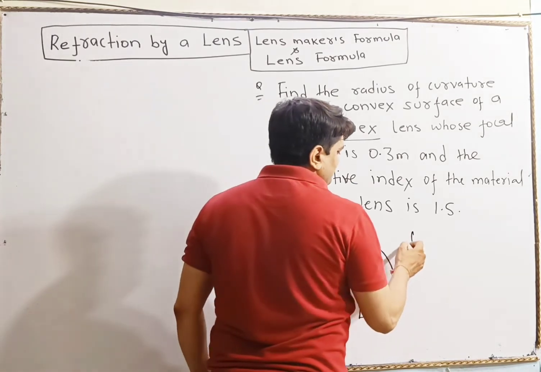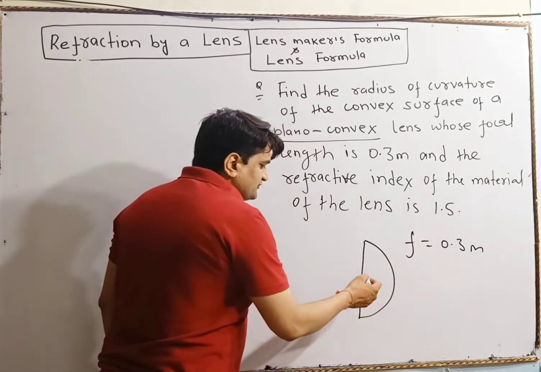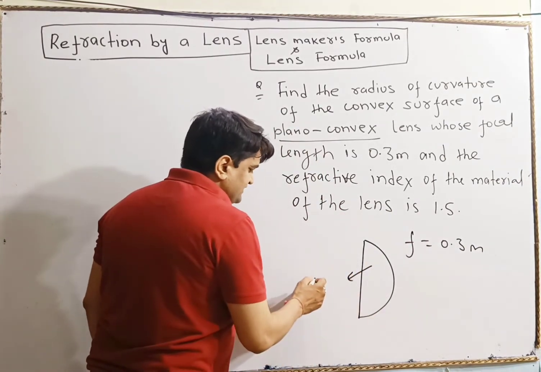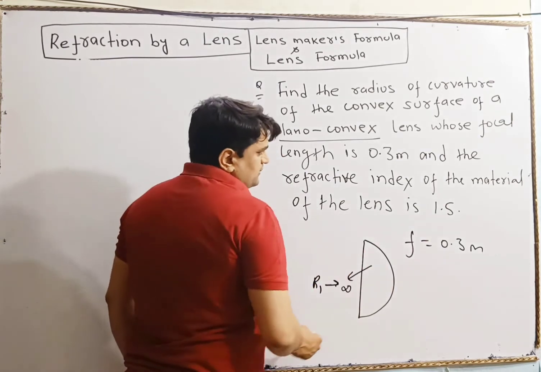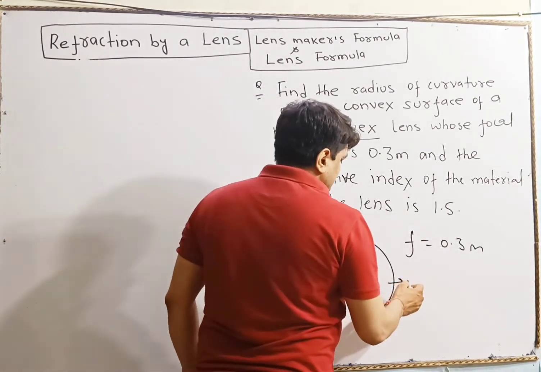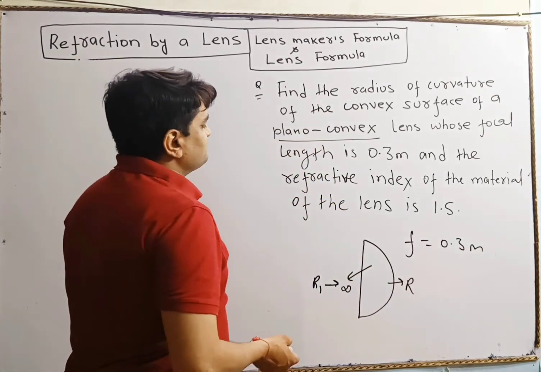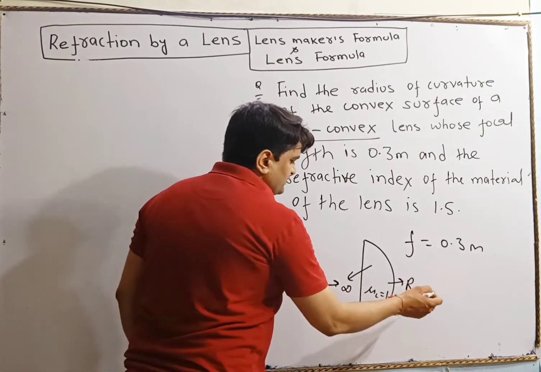That means F is given as 0.3 meter. As we know, the plane surface has a radius of curvature of infinity, and let the convex surface be R. It is unknown. The material of the lens has mu L as 1.5.